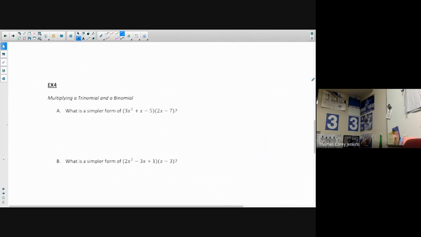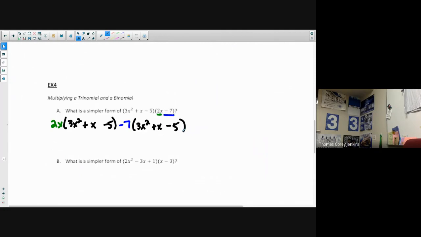All right. So multiplying a trinomial and a binomial. Order doesn't matter here, but again, I like the distributive property, so I'm going to show it that way. So I'm going to distribute the 2x times the trinomial, 3x squared plus x minus 5, and then the minus 7 times that same trinomial, 3x squared plus 1x minus 5.